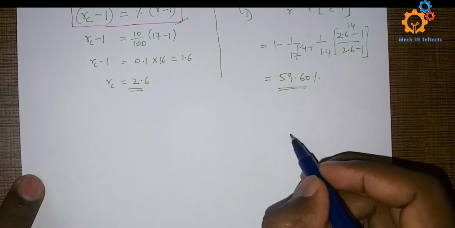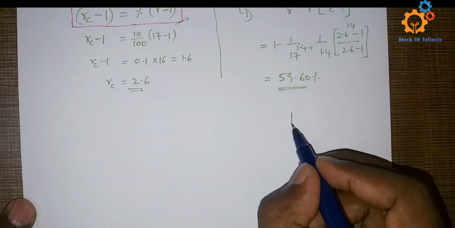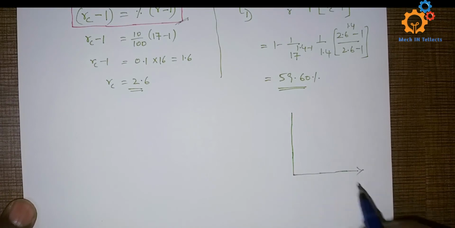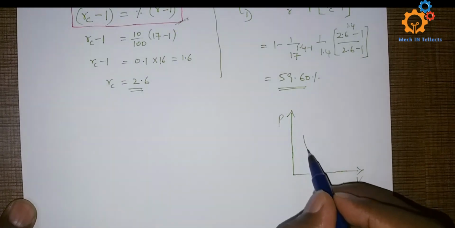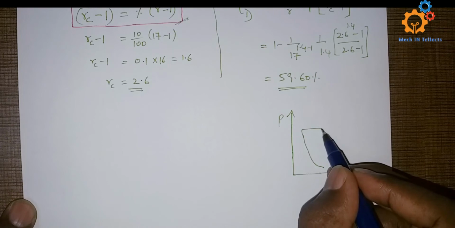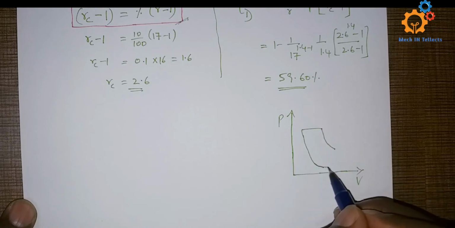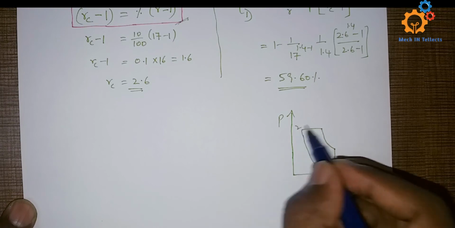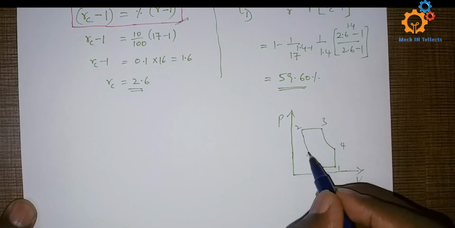Okay, let me draw diesel cycle in PV diagram. 1 2 3 4.